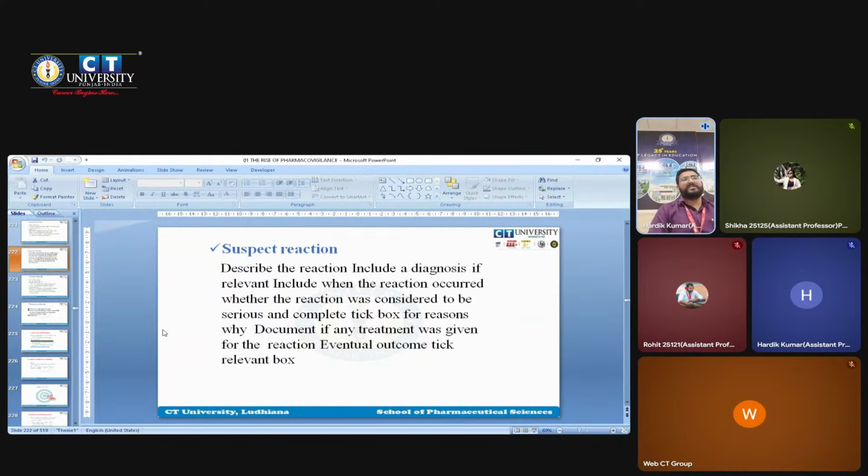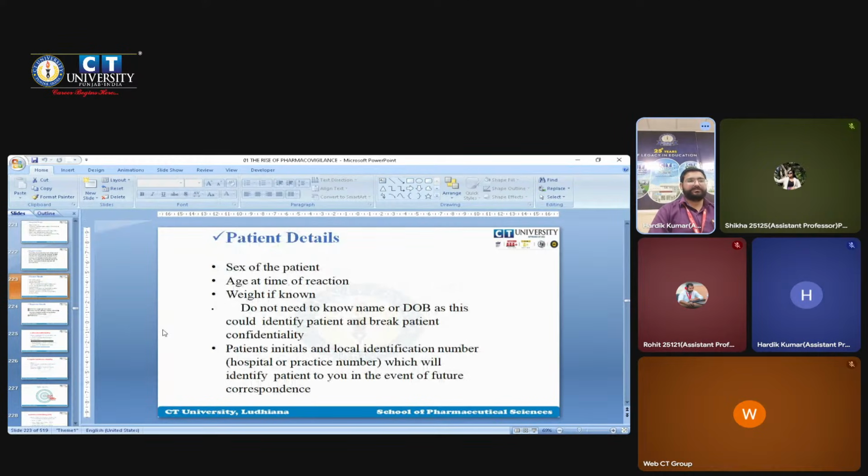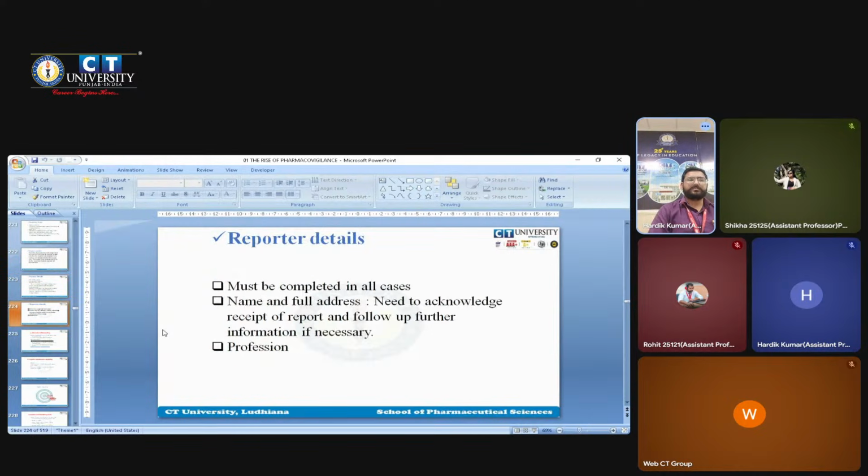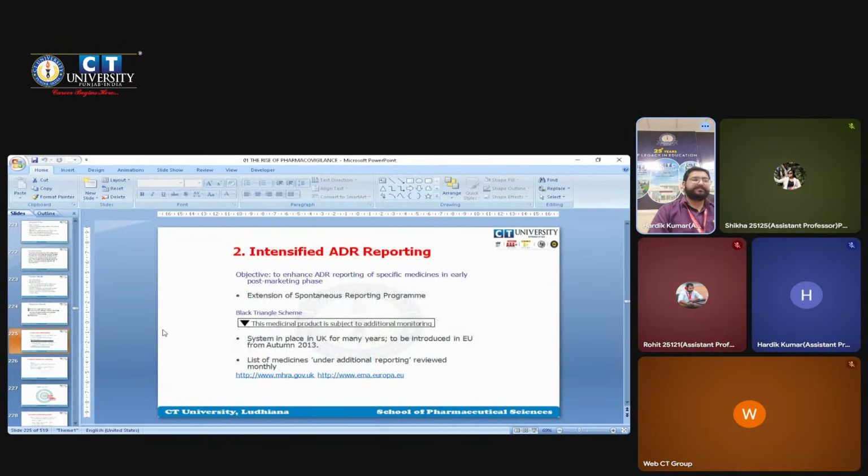Then for the suspected reaction, describe the reaction, include the diagnosis if relevant, include when the reaction occurred, whether the reaction was considered serious, and complete the tick box for the reason why. Document if any treatment was given for the reaction. There are some patient details as we have discussed: age, gender, weight, date of birth if you know, or the patient initials. Then the reporter details, who is reporting the ADR.